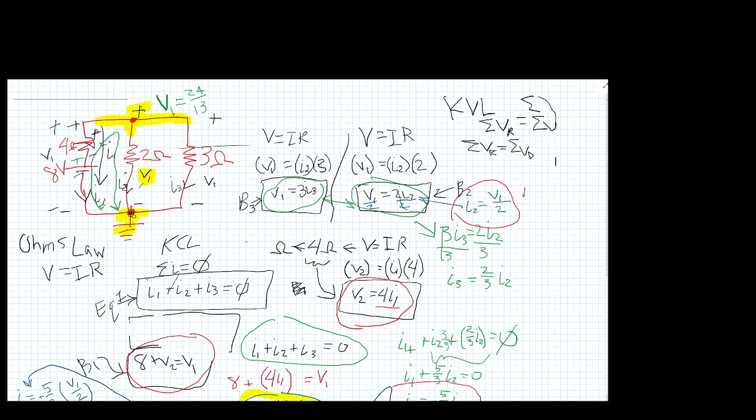Your I2 is equal to 1/2 times your V1. Run out of paper there. I'm gonna erase some stuff. I hate to do it, but how about we write it here?